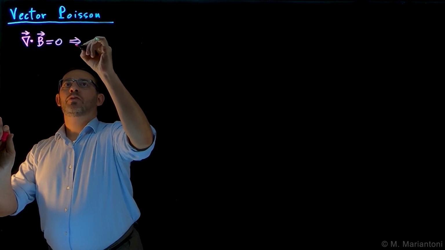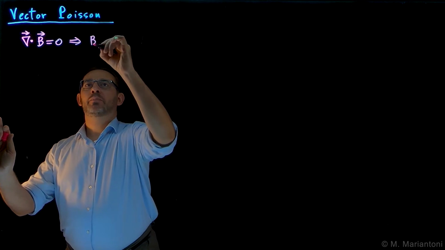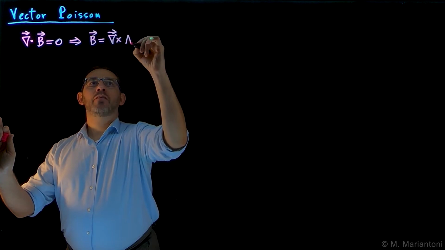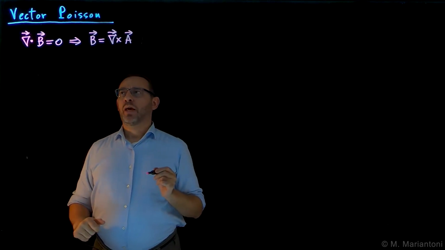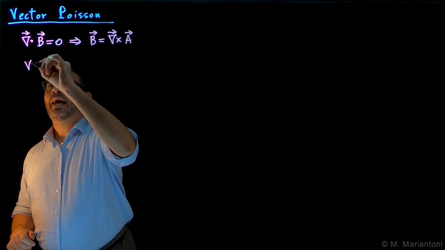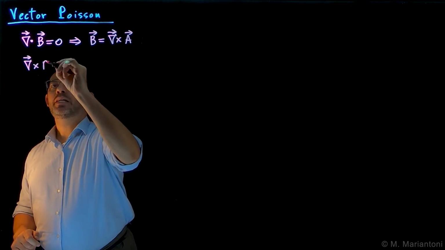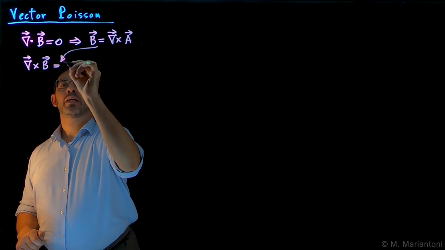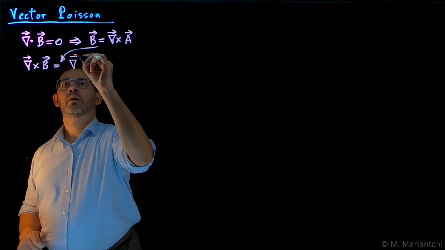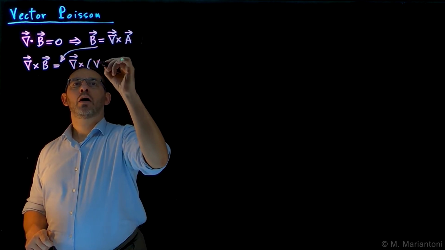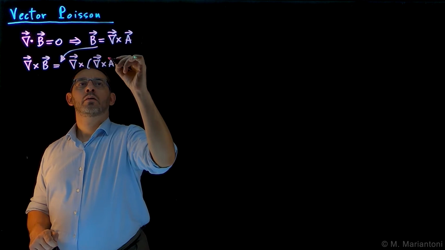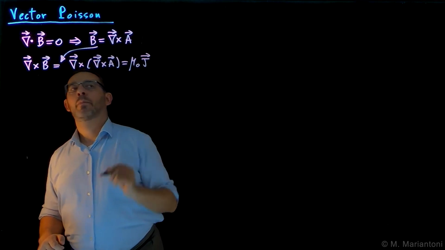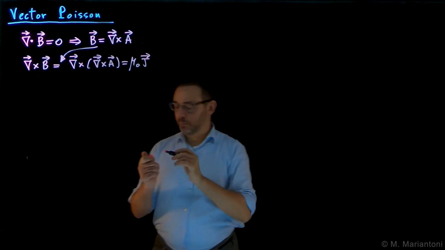And this, as we know from a previous video on vector potential, implies that B can always be rewritten as the curl of a vector potential A. In addition, Ampere's law tells us that the curl of B, which by substituting this expression can be rewritten as the curl of the curl of A, is equal to mu naught times J in differential form case 1.